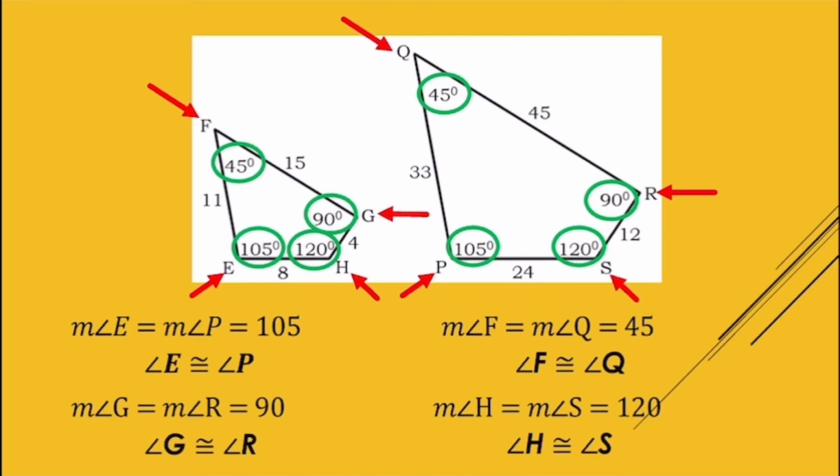Since quadrilateral EFGH is similar to quadrilateral PQRS, the corresponding sides are proportional. Moreover, the scale factors, or the ratios of the corresponding sides, are equal. Now, let's identify the scale factor of the given two quadrilaterals.